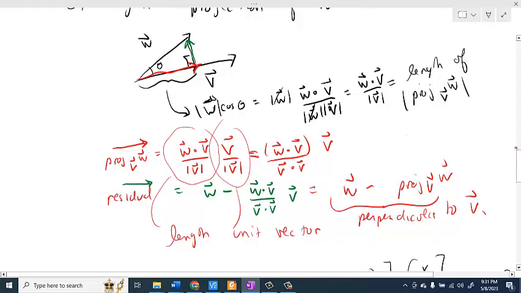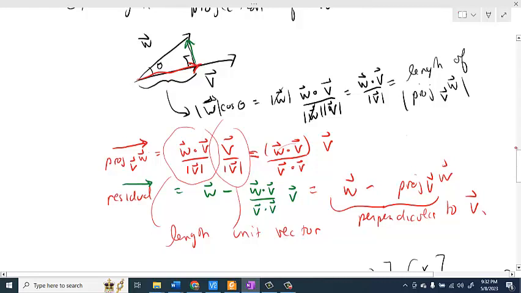Well, this is a number, so it comes out. The length of this is the square root of V dot V. So if you square that, you'll see what you get. And then you can square this one. It's a little bit complicated, but you can take this formula down here and square it. And you'll see that terms cancel out, and you'll end up with the length of W squared. That might be a fun exercise to do.